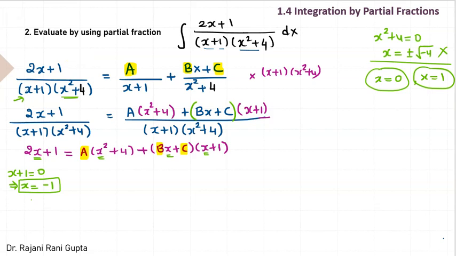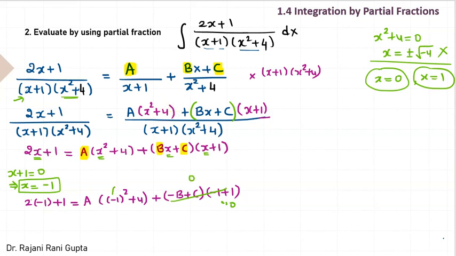So this gives you 2 times minus 1 plus 1 equal a times minus 1 square plus 4, plus minus b plus c, because b times minus 1 minus 1 plus 1. So see carefully, minus 1 plus 1 becomes 0. 0 multiplied by anything, this entire term becomes 0.